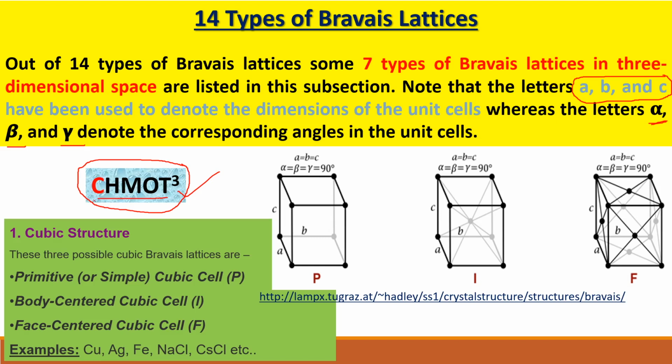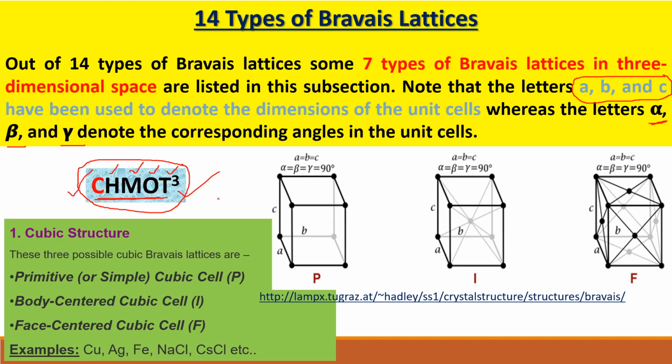You have to read this formula as CH mod cube. C indicates a cubic structure, H indicates a hexagonal structure, M indicates a monoclinic structure, O indicates an orthorhombic structure, and T cube means 3 types of T structure, that is trigonal, tetragonal or triclinic. So it means CH mod cube.